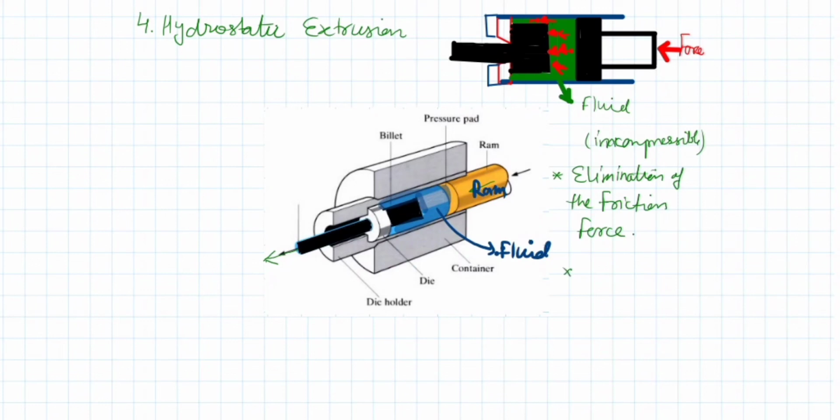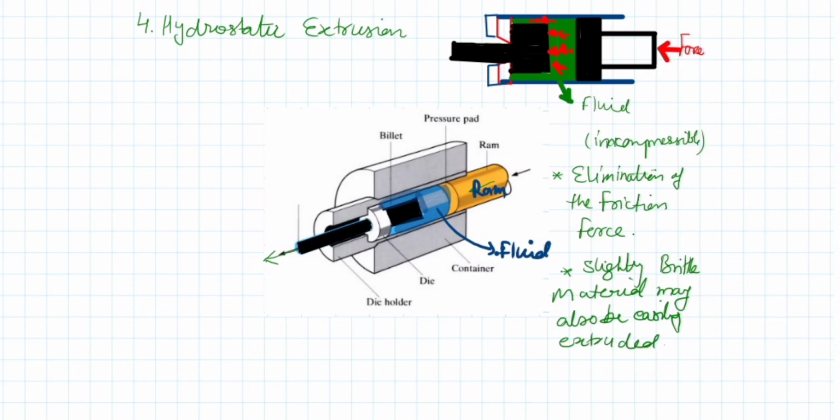And with the help of this hydrostatic extrusion, the slightly brittle materials may also be easily extruded, which were slightly difficult to extrude with the direct extrusion process, because in these brittle materials some cracks may develop during the deformation in the direct extrusion process.